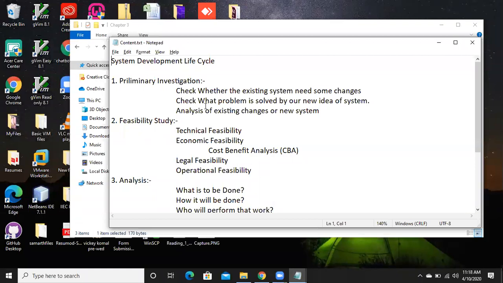If a particular organization follows system development life cycle, then it will be very sure that the system which we are developing will be very good, right?